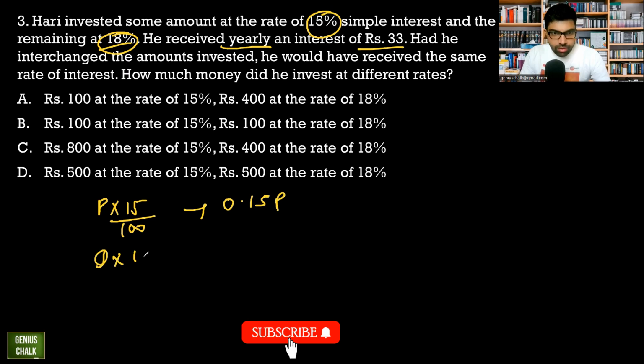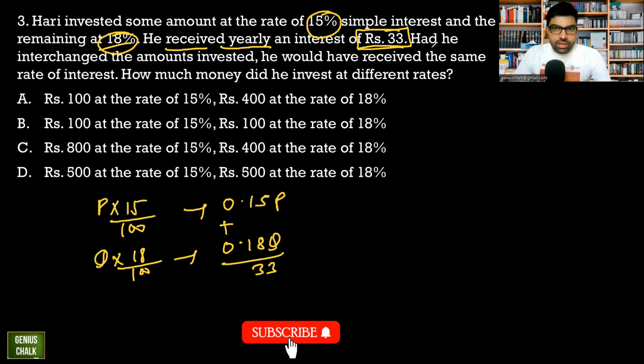The investment is different. So 18%, that is 0.18Q. He received yearly an interest of rupees 33. So total interest is how much? Rupees 33, right? If he receives this much, so this is my first equation.